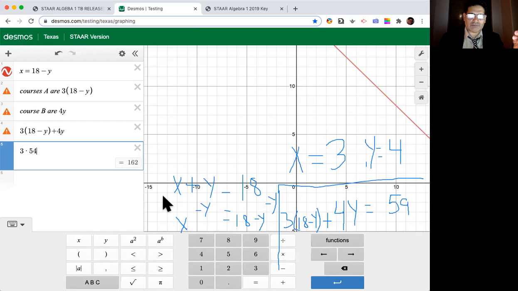Okay, all right, so that leaves us 54. 3 times 18 is 54.